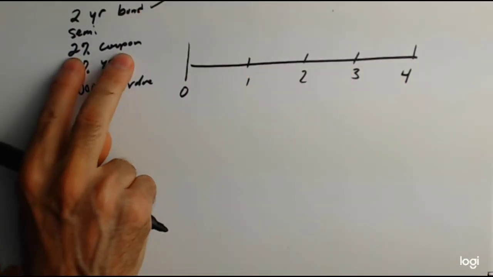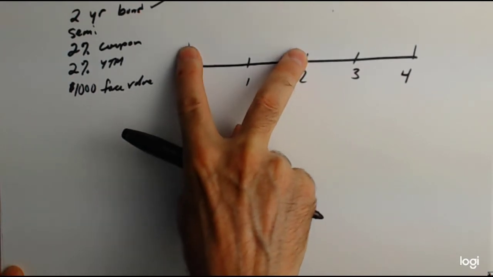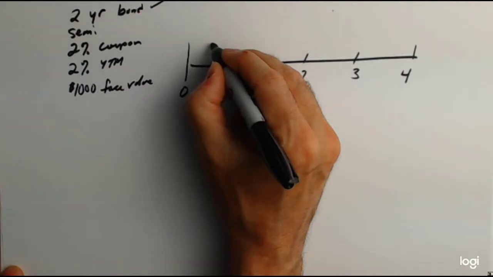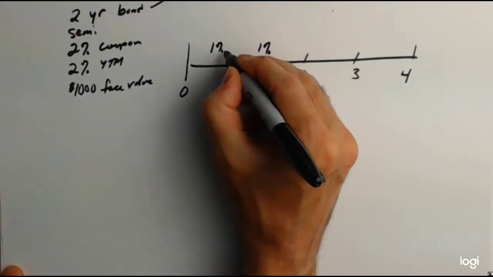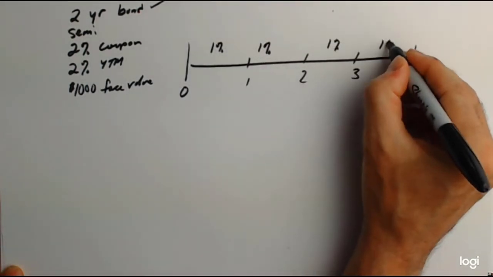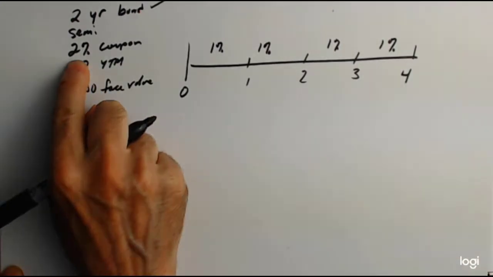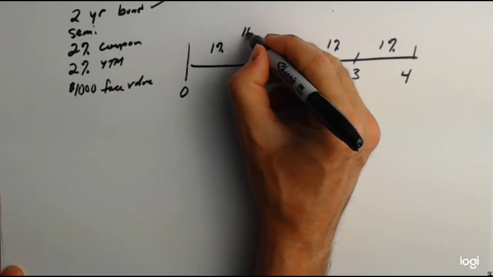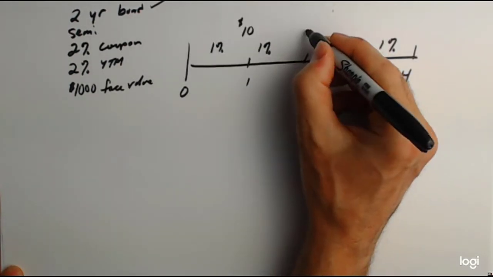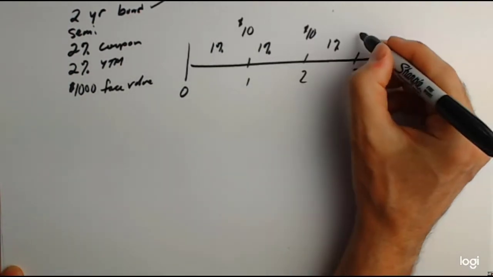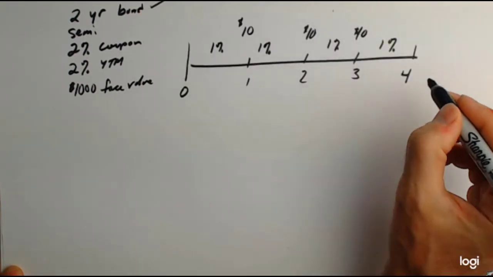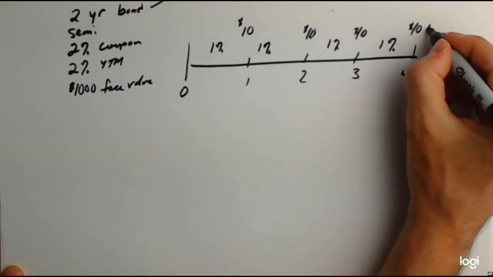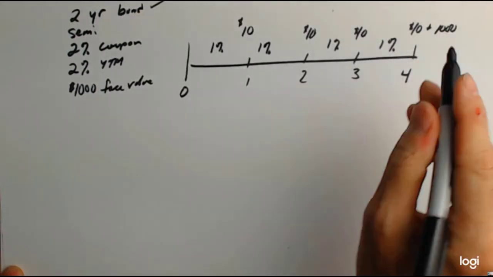So the 2% coupon means it's going to pay 2% over this entire year, 2 6-month periods, which means it's going to pay 1% here, 1% here, 1% here, and 1% here. And so 2% of $1,000 is $20 for a year, which means it's going to be a $10 cash flow here, $10 here, $10 here, and $10 here, and these are coupons. Plus, when the bond matures, you'll get your $1,000 back.